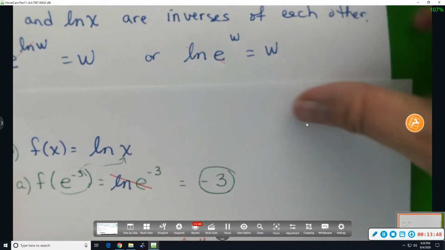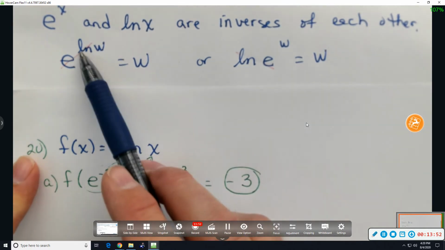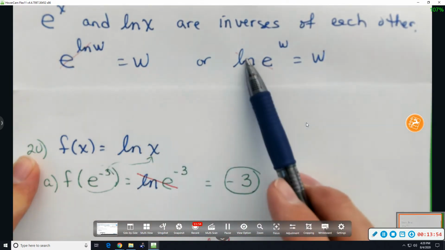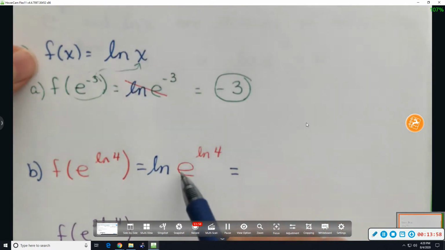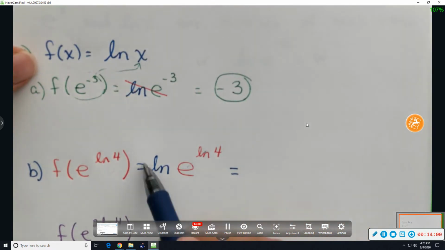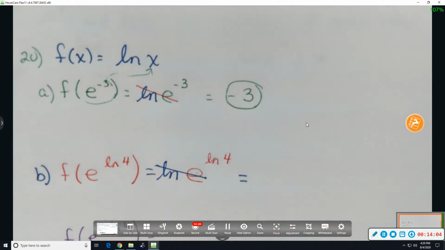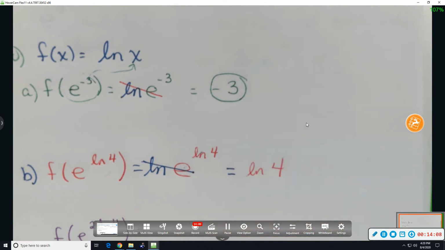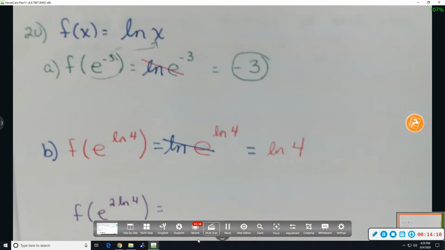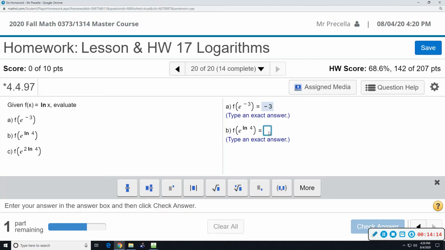It's a matter of whether you want to use this rule or that rule. You can cancel the red e and the red ln, or the blue ln and the e. I think I'll just do it like that, and write a red ln 4 as my answer. So coming over and typing in ln 4.